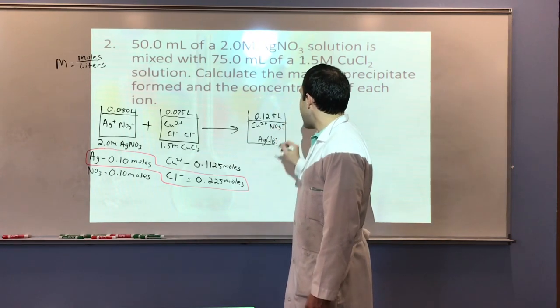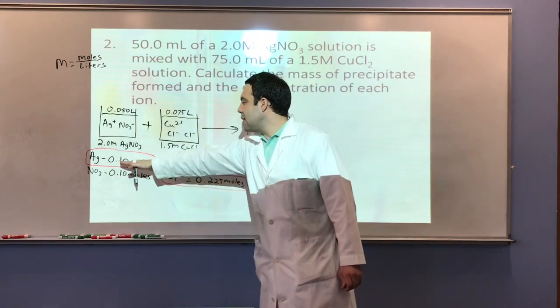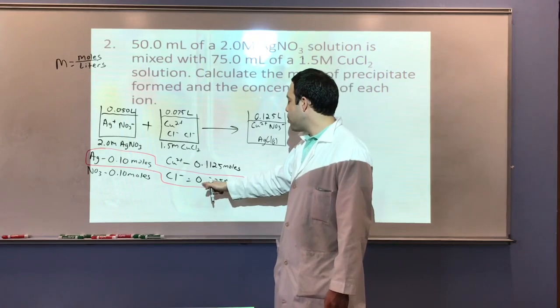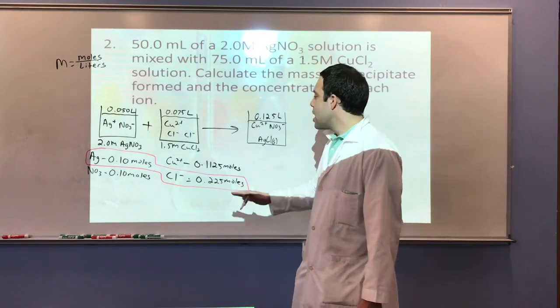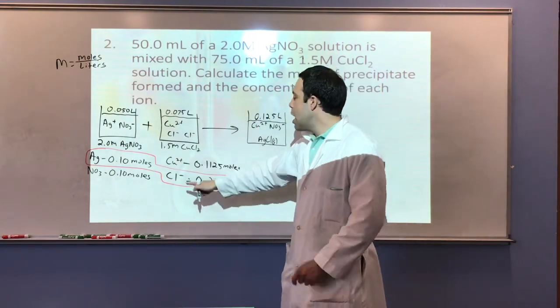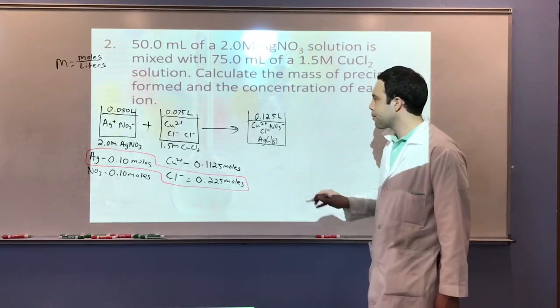NO3 minus ions in solution. And since silver, there's only 0.10 moles, while there's 0.225 moles of Cl minus, silver's our limiting reagent. There'll be no silver in solution, but there will be Cl minus ions in solution.